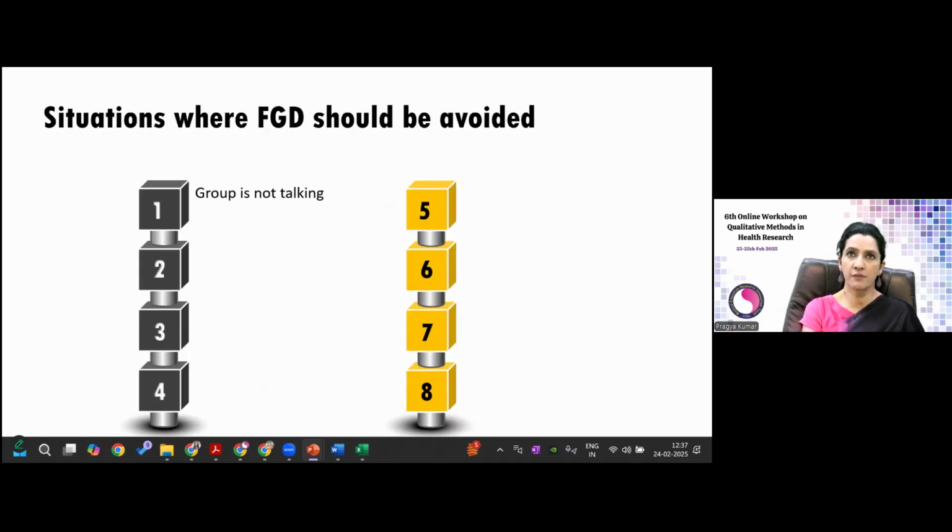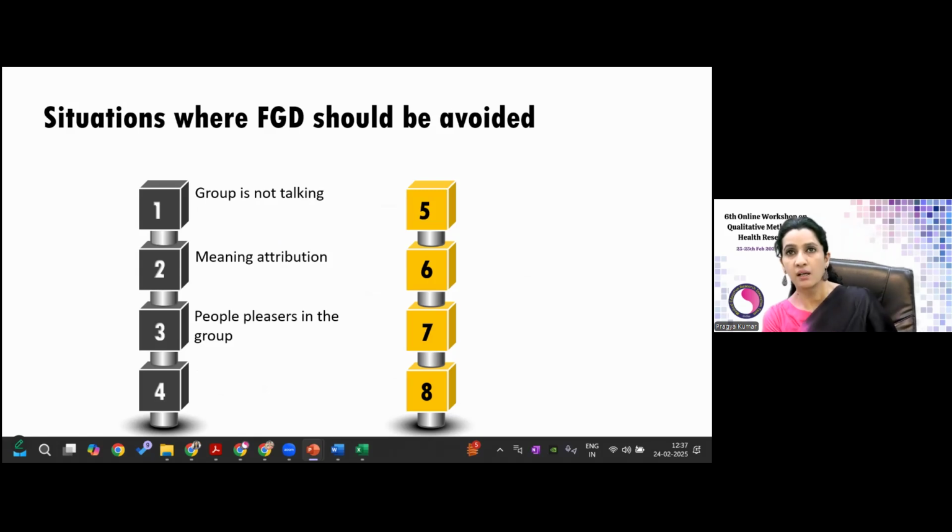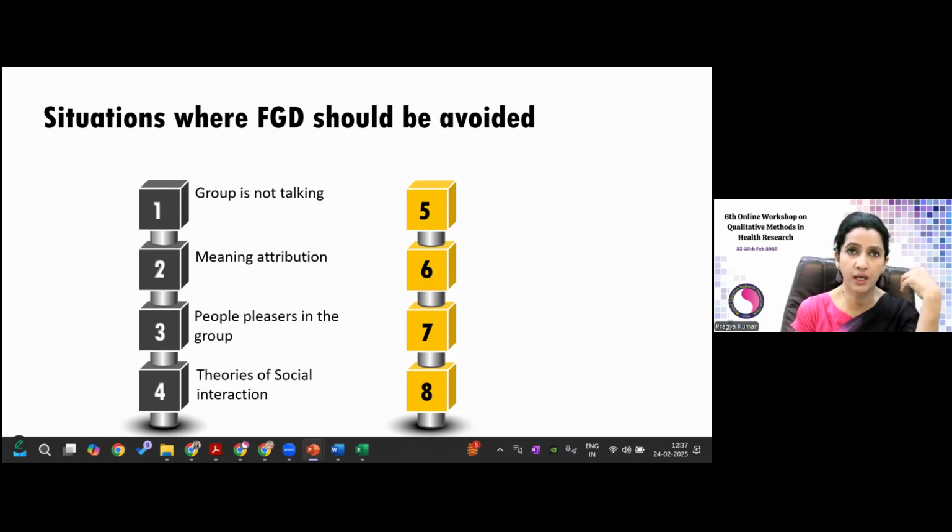Situations where we should avoid FGD: when the group is not talking, when the meaning of what they are saying is not very clear, and when there are people pleasers in the group. They are saying everything to make you happy, and they are not coming up with their own consensus. Also when there are people beyond the participants in the group, or there is contamination, then also you should avoid it.